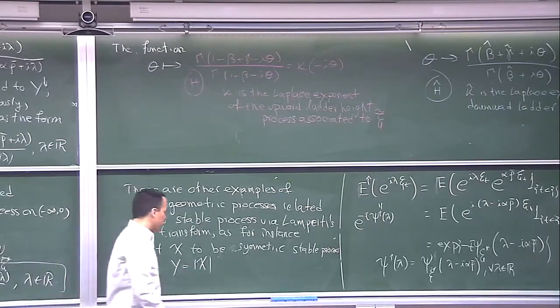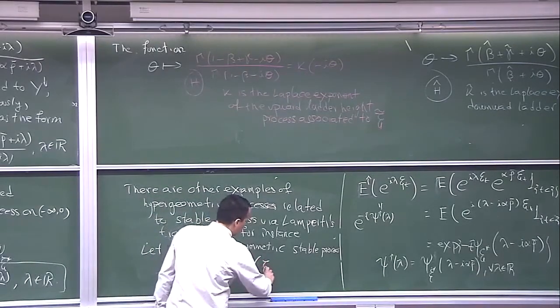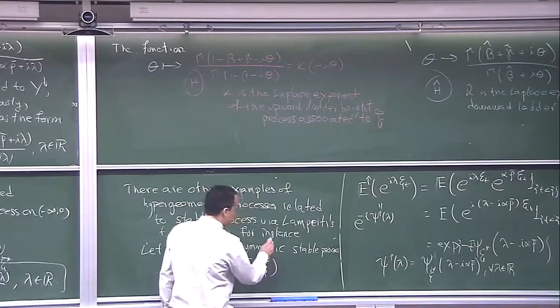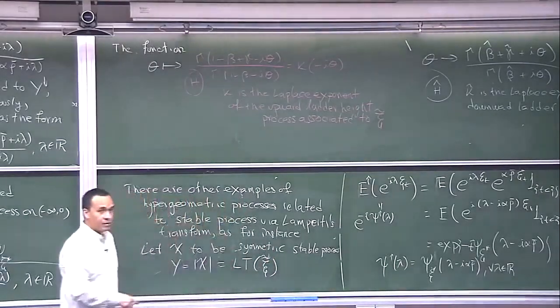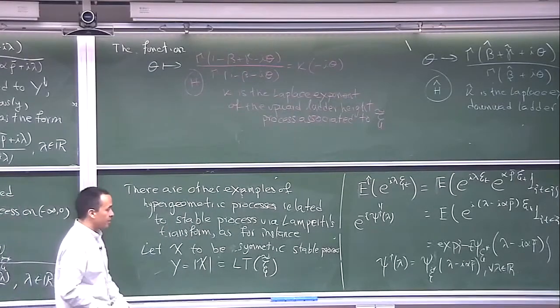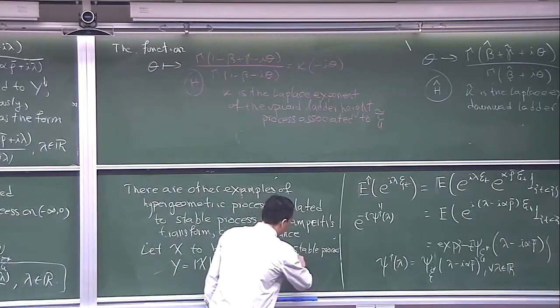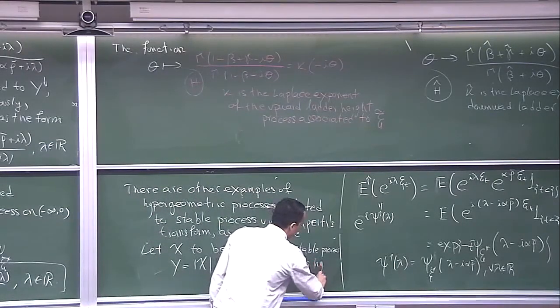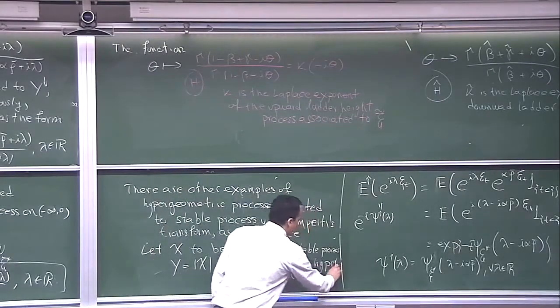So it can be seen again as the Lamperti transform of some psi, let's say tilde, double tilde, because we already use it, okay? And psi double tilde is again a hypergeometric Lévy process, okay? Psi double tilde is hypergeometric.